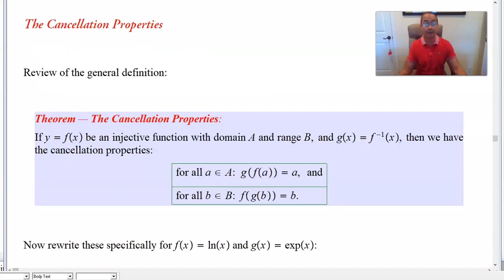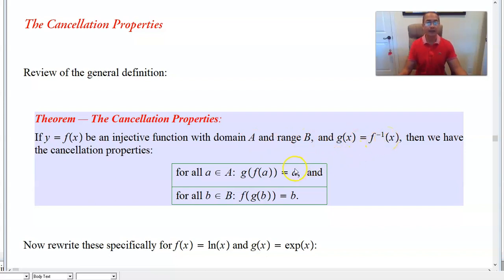All right, but to prepare ourselves for what we're going to do next, let's review the cancellation properties for a general situation where you have an injective function and its inverse. Suppose you have a function f which is injective with domain A and range B, which could be intervals, and g of x is the inverse function.